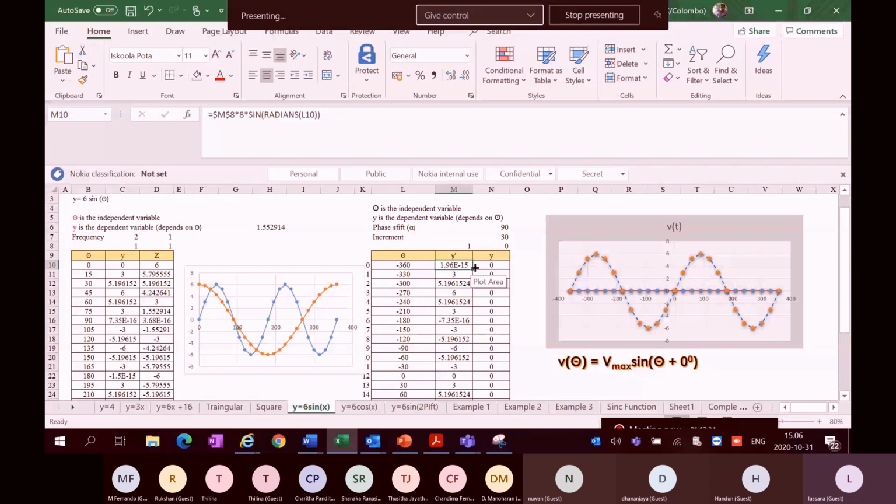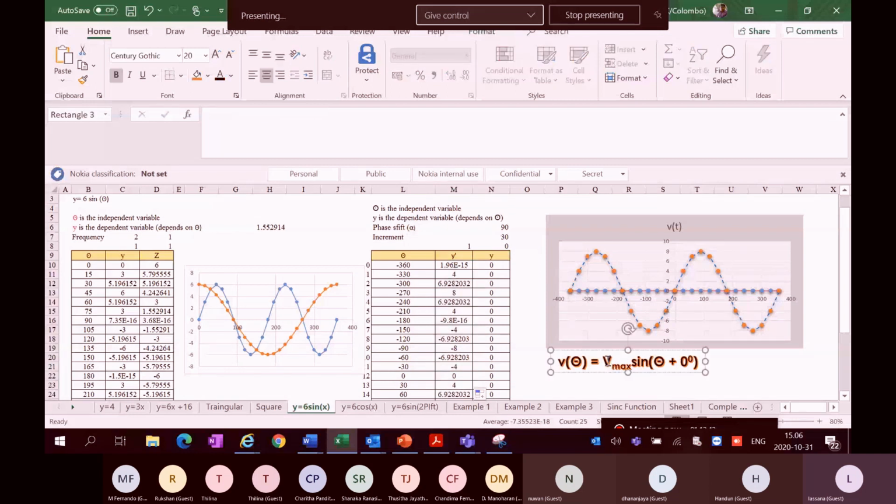For example, if I put 2 and apply to all rows, now it becomes 2. This particular value is a constant value, and that value represents the maximum signal height.